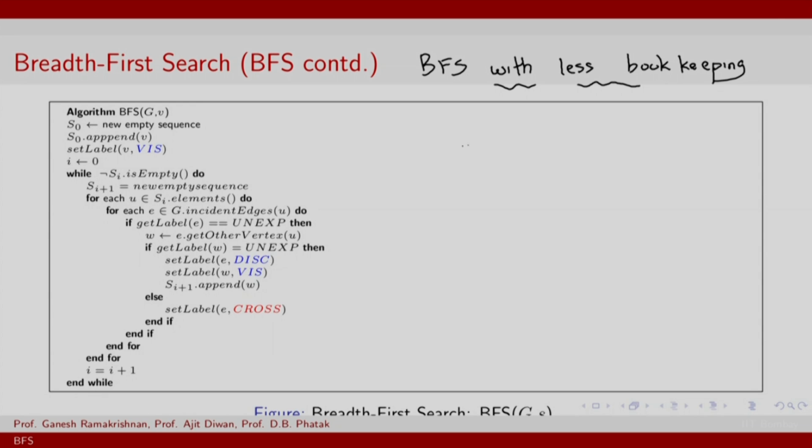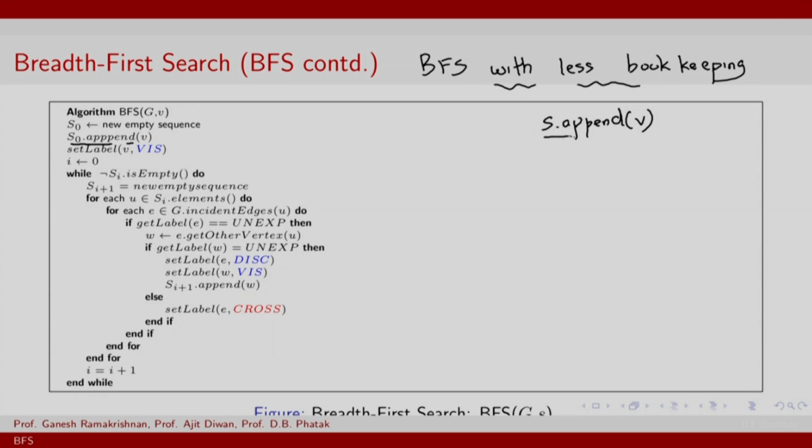One big difference here is we are going to manage with a single queue. So S is initialized to be empty, and of course you will immediately add V to it. So summarily it is the same as what we have seen before.